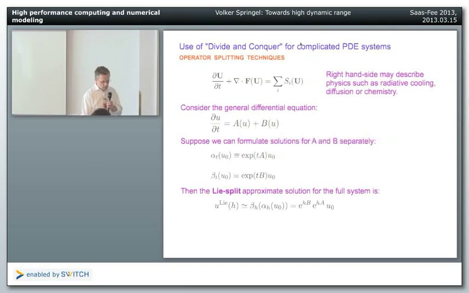This is the so-called Lie split. In operator language, you would say I'm applying A first and then B. You could also do it the other way around.